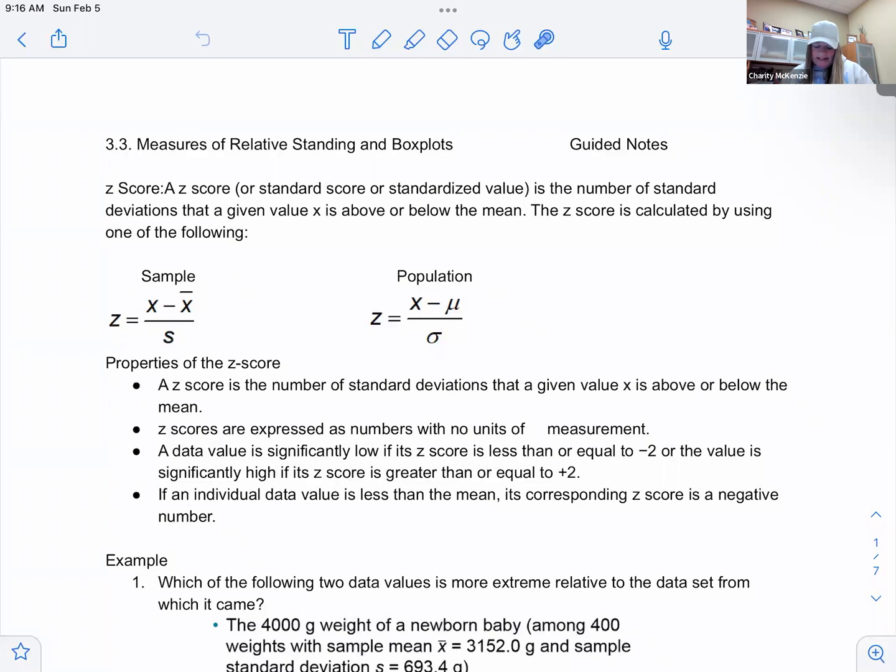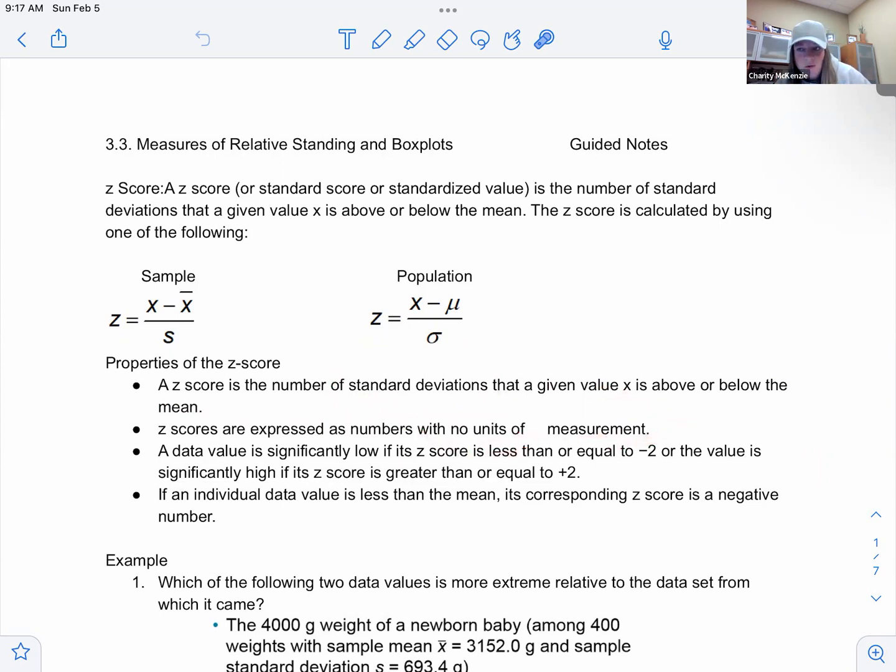What this z-score is going to tell us is how many standard deviations away from the mean you are. You always have your mean in the middle, and if we go one standard deviation out, we're picking up 68%. So if you're beyond one, you're pretty far off, below or above. And if you're even further out, then your data value is way lower or way higher. So the z-score is the number of standard deviations away, and it's expressed with no unit of measurement.